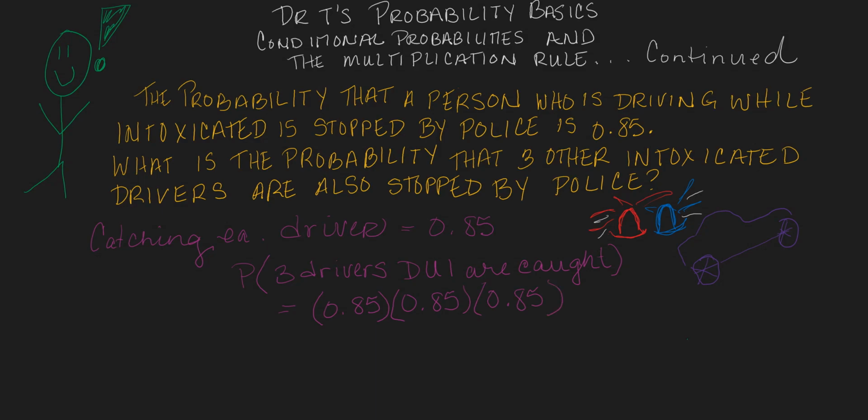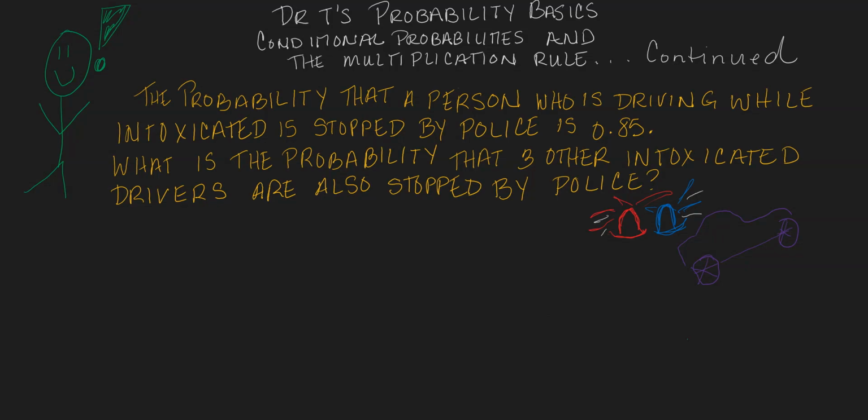So all we have to do is multiply the probability 3 times, and we'll see that roughly the probability that all 3 are caught is about 0.614.